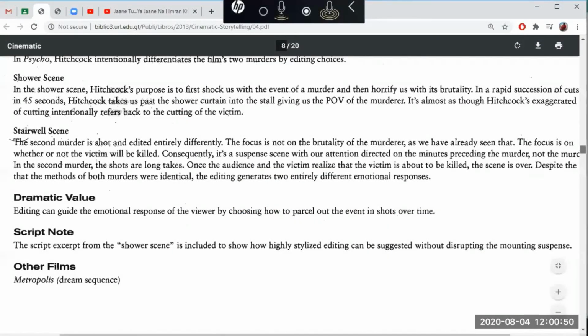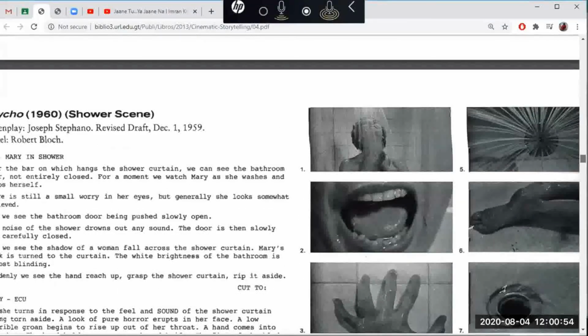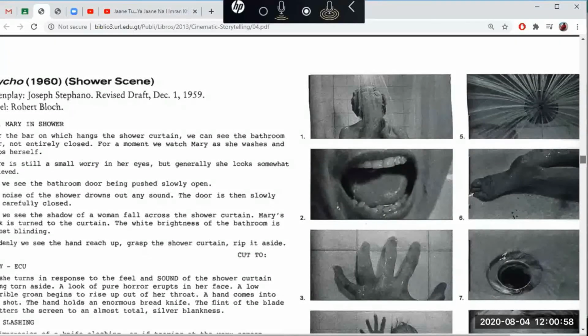And I think here are the images. So you can see that if you exclude the shower scene, because the shower scene is a bit long, it shows how she starts it and how comfortable she is, and she finds it very relaxing. So it comes to the relaxing point before the murderer attacks her.